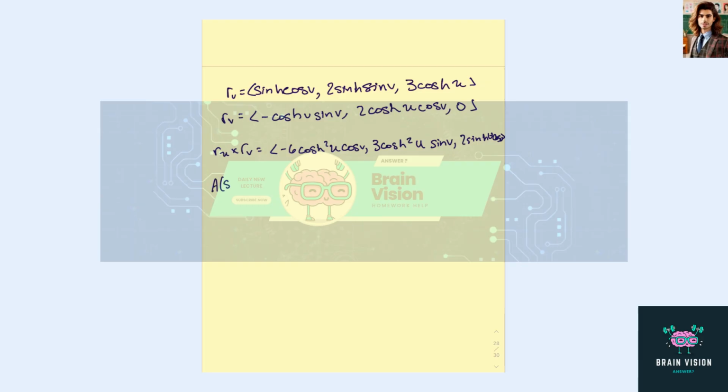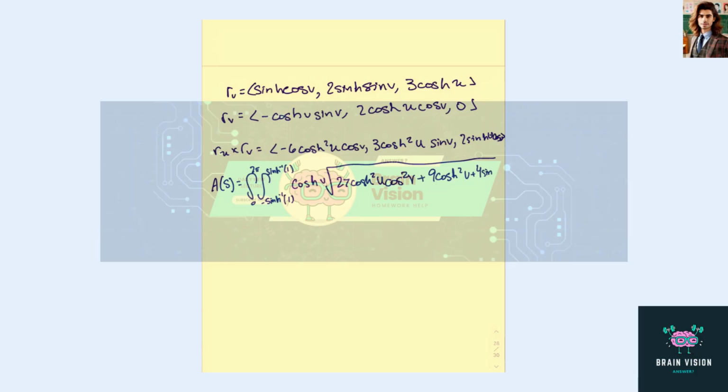So our surface area is going to be a double integral. Since z is from -3 to 3, we have that this is from 0 to 2 pi, and this will be negative sinh inverse of 1 to sinh inverse of 1, of cosh u times the square root of 27 cosh squared u cosine squared v plus 9 cosh squared u plus 4 sinh squared u sine squared v, du dv.